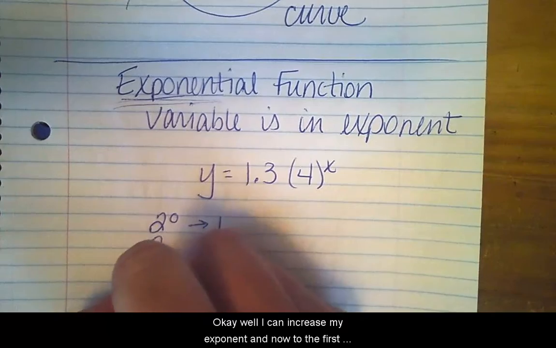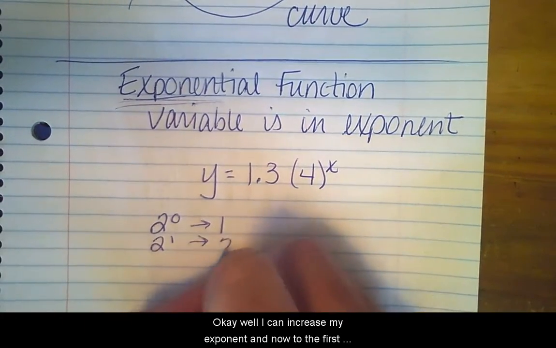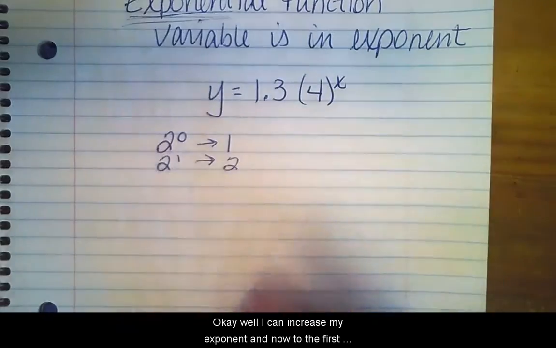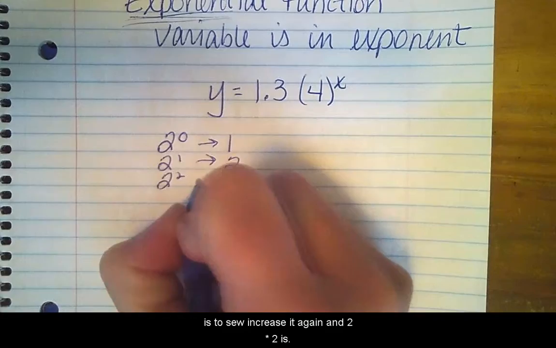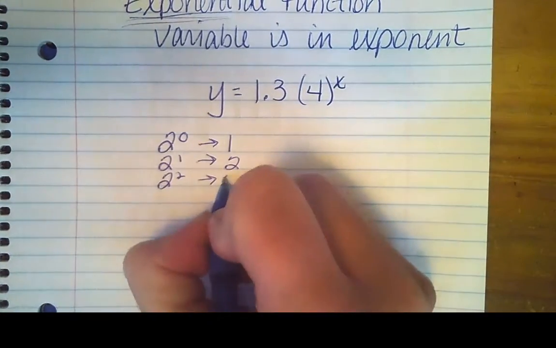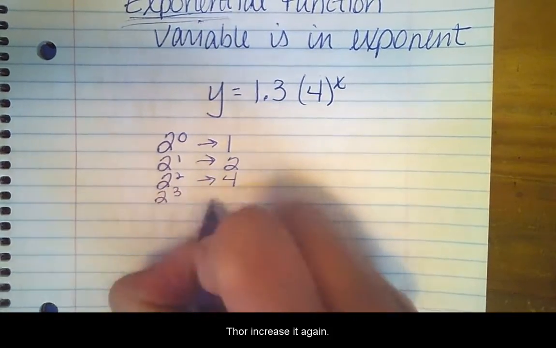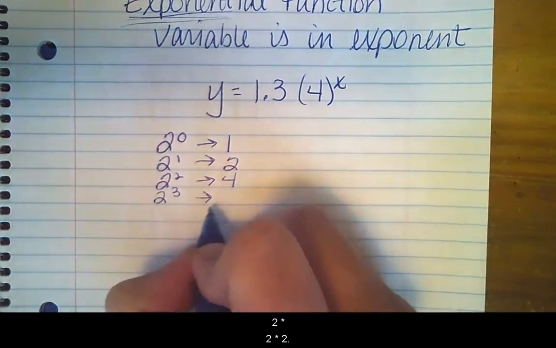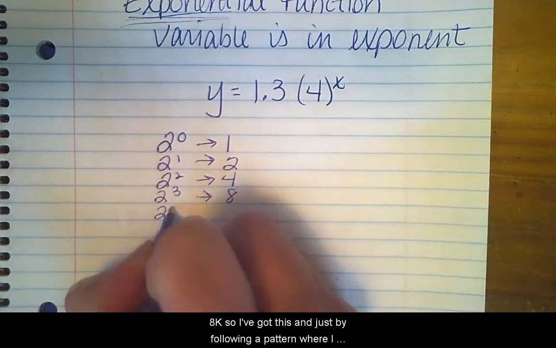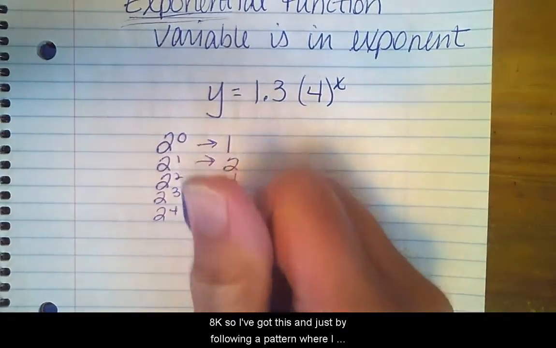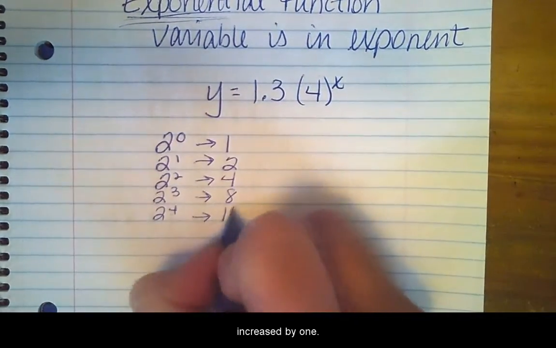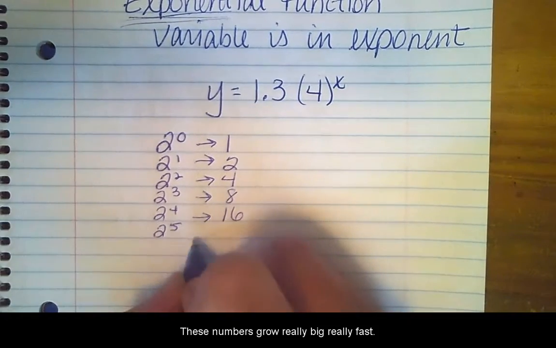Well, I can increase my exponent, and now 2 to the first is 2. Increase it again, and 2 times 2 is 4. Increase it again, 2 times 2 times 2 is 8. Just by following a pattern where I increase by 1, these numbers grow really big, really fast.